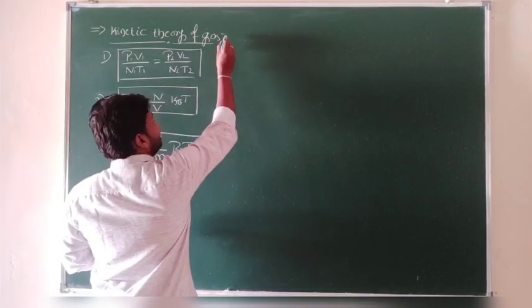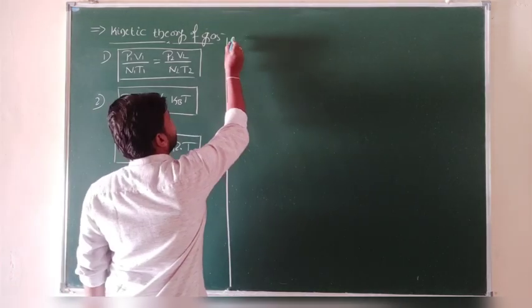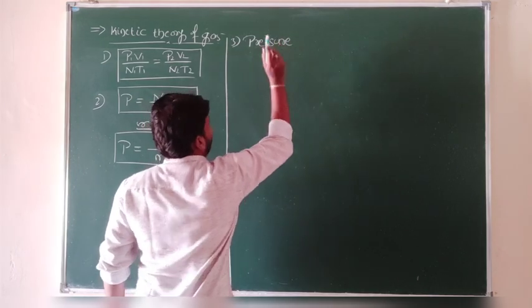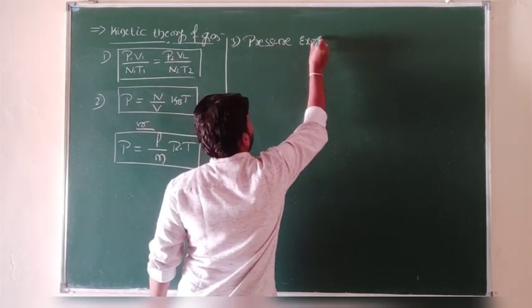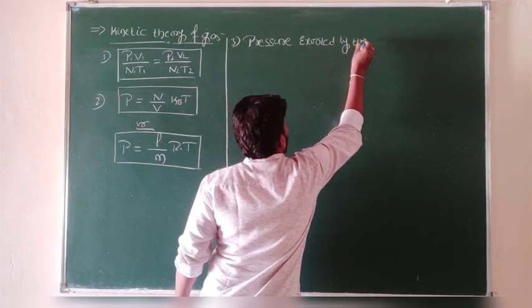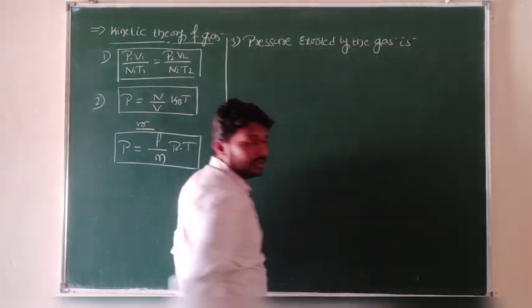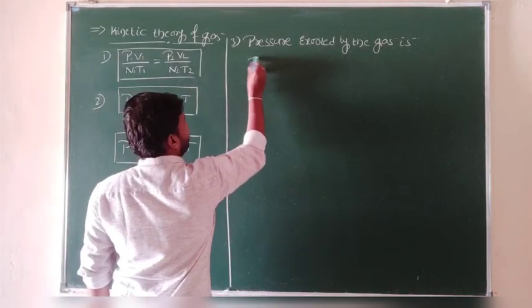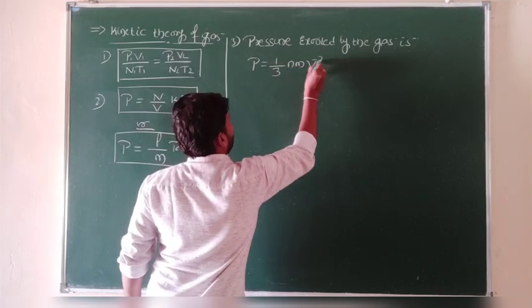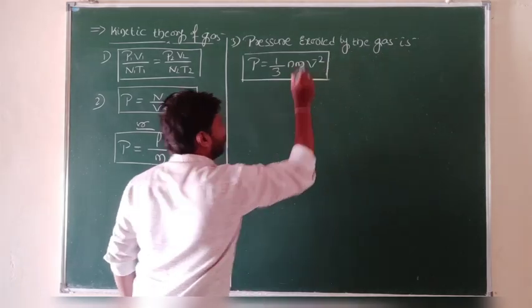So the generalized formula for pressure exerted by the gas is pressure P equal to 1 by 3 N into M into V bar square. This is the required expression for pressure exerted by the gas on the wall.